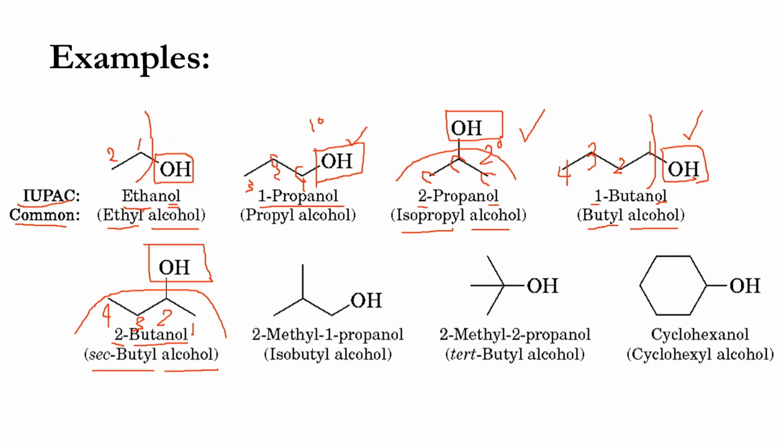So if it's between butyl and isopropyl, butyl should come first over isopropyl. But if you compare isobutyl and, let's say, sec-butyl, it's still butyl, because again you disregard sec or tert in ordering them in alphabetical order.